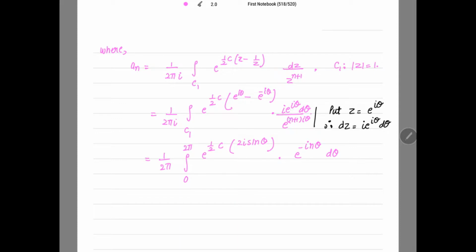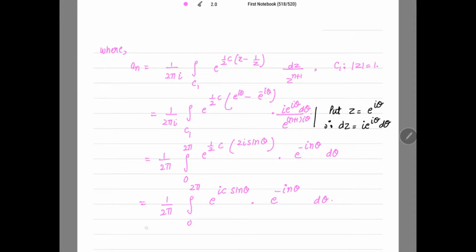When you cancel out the powers, you get 1 over 2π integration from 0 to 2π of e raised to the power ic sin θ into e raised to the power minus inθ dθ.